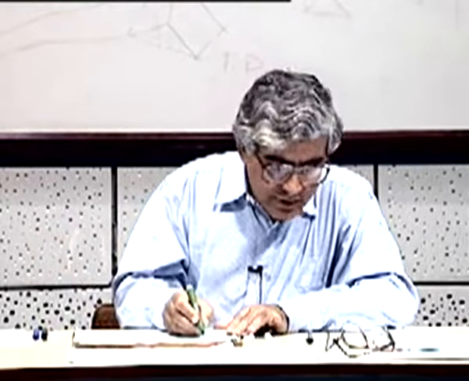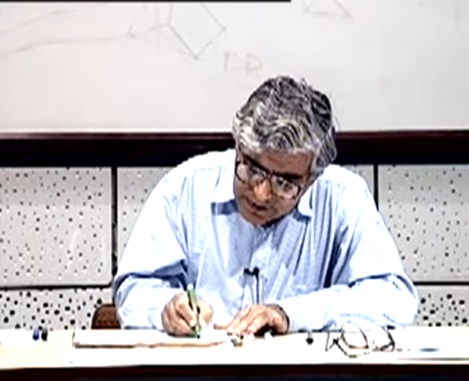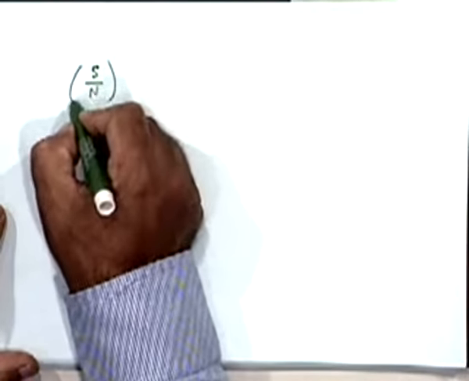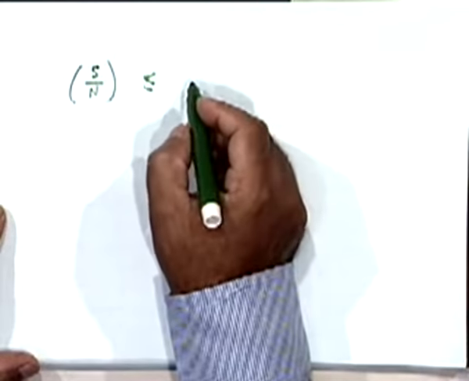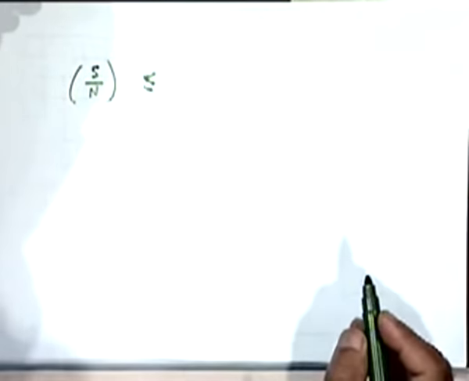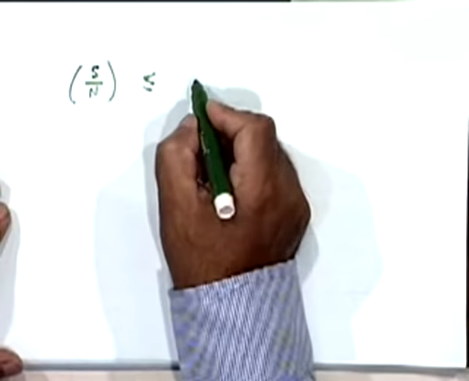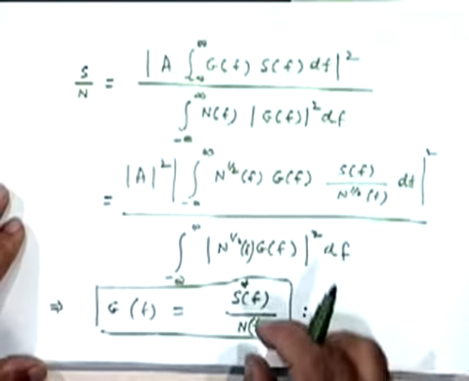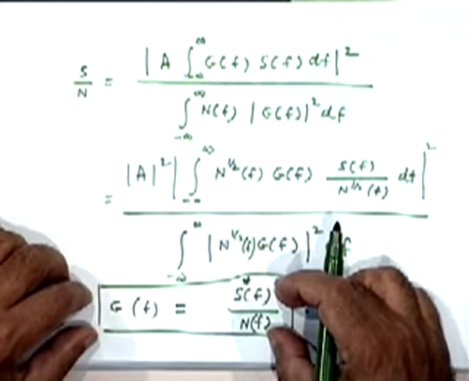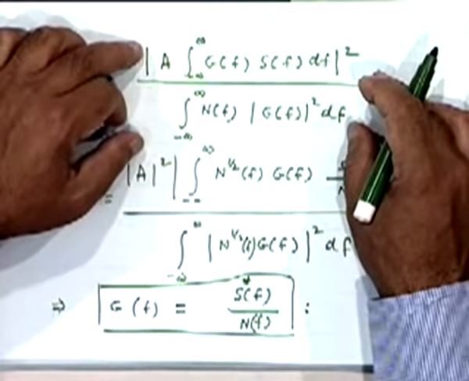And the maximum value of the signal to noise ratio is obtained from the fact that this is going to be less than or equal to... well, now we can do that. Maximum value we can obtain by substituting this in this expression.